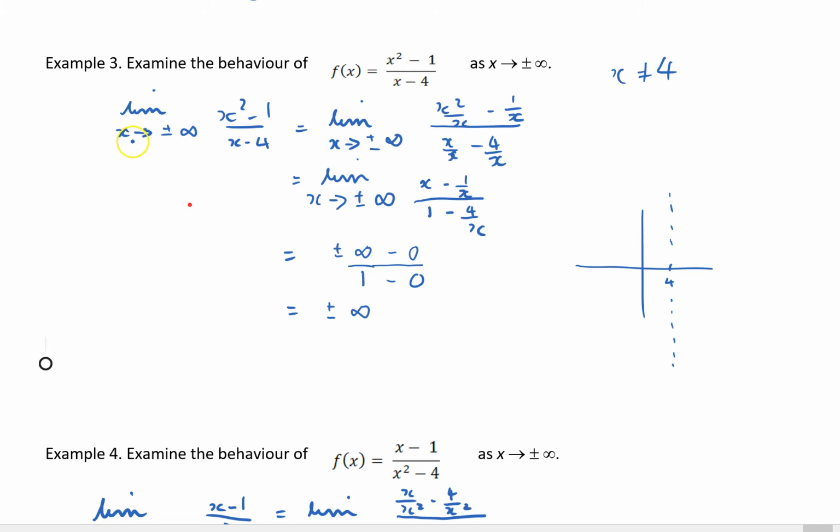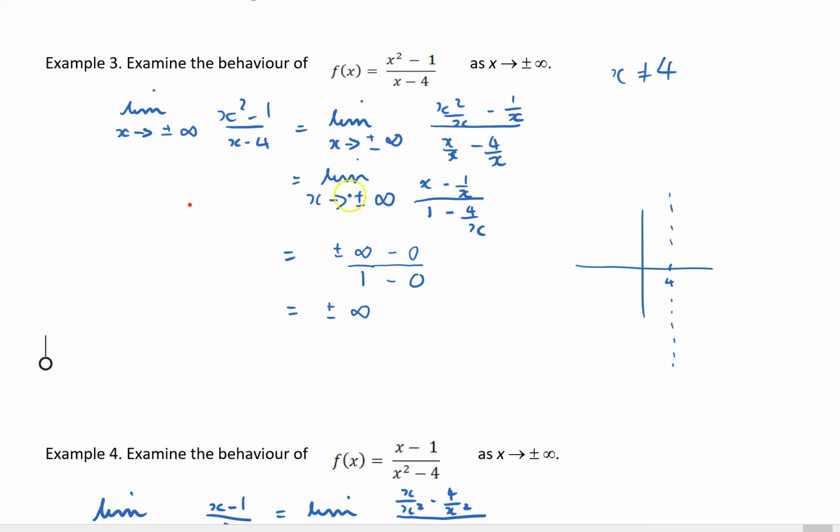So we go through the process. We're going to look at what y value it's heading towards as x approaches plus or minus infinity. So we do this limiting thing, and we divide both numerator and denominator by the highest power of x in the denominator.